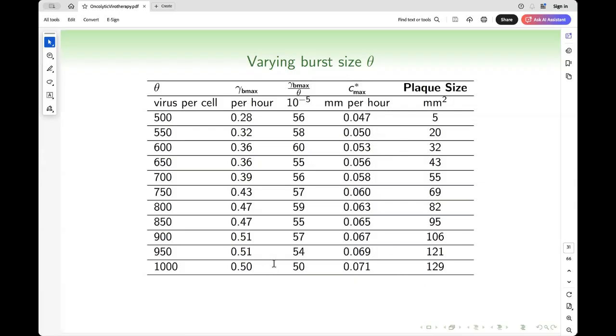So these would be the optimal binding rates compared to the corresponding burst sizes, which give the corresponding plug sizes. And this is exactly what they want. So they can work on the binding rate, they can work on the burst size, and try to find some of these optimal values here.